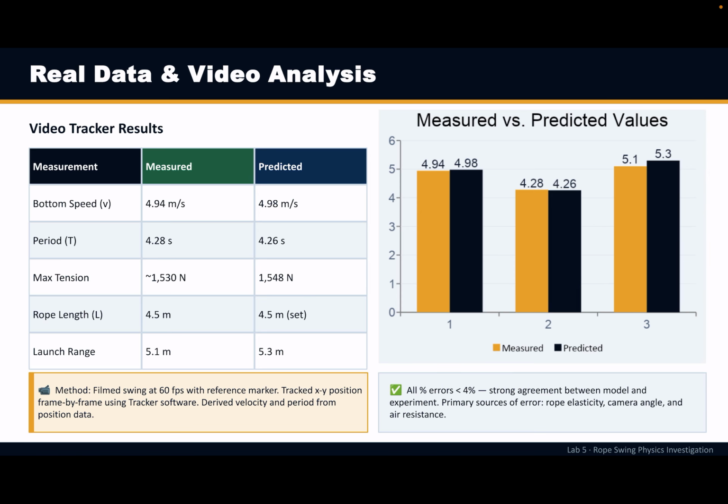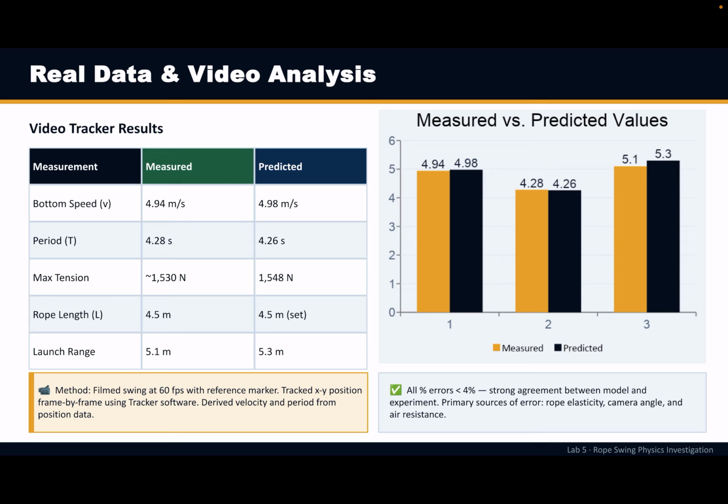So to test these predictions, I filmed a real rope swing at about 60 frames per second, placed a reference marker of known length in the frame, and used Tracker software to extract the x and y position of the swinger on every frame. And these are the results. I measured a bottom speed of 4.94 meters per second. The model predicted 4.98.